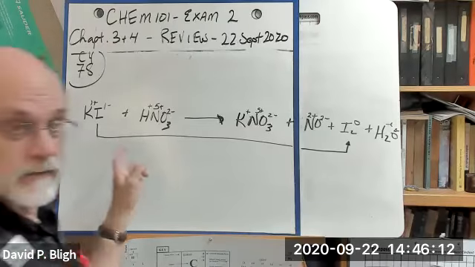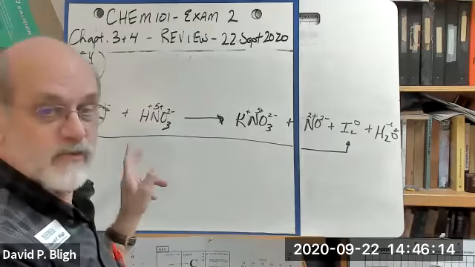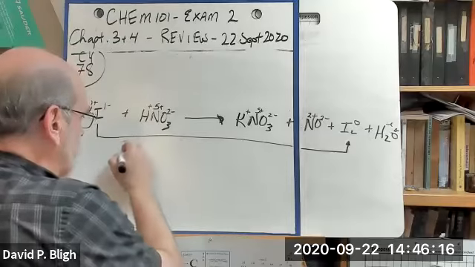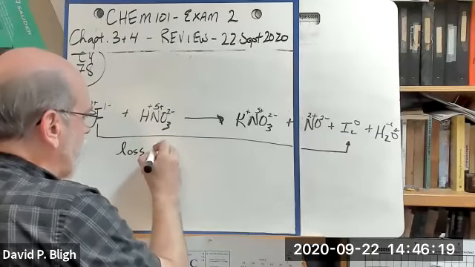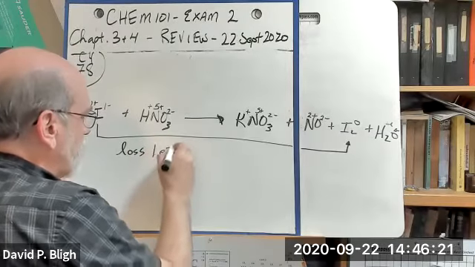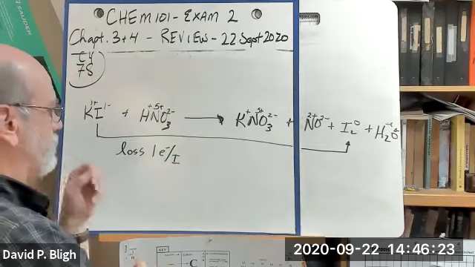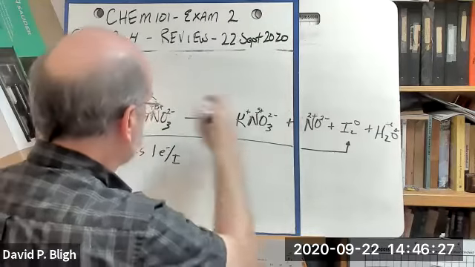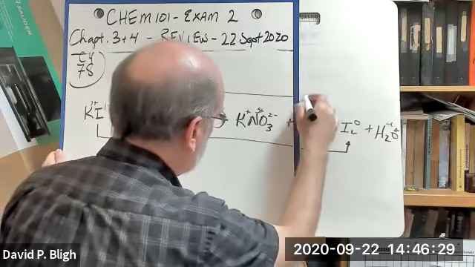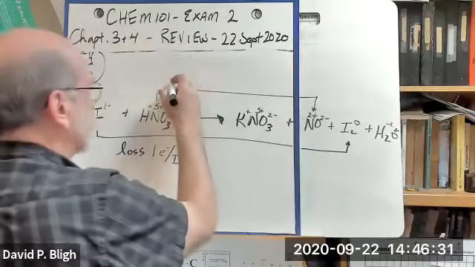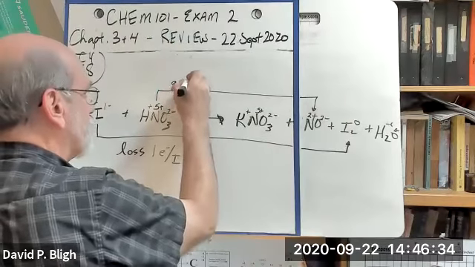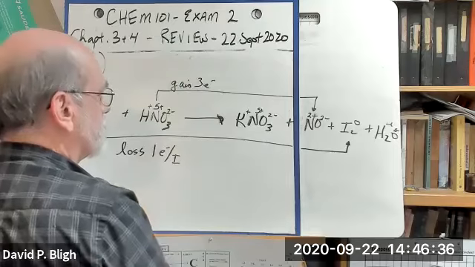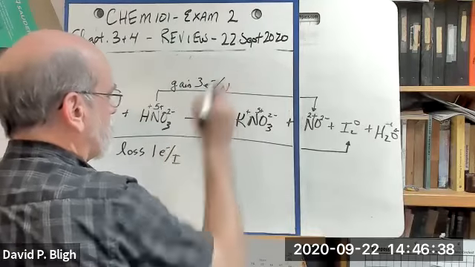To go from -1 to 0, we lost an electron. So this is loss of 1 electron per iodine. And this one went from here to here. This one gained 3 electrons per nitrogen.